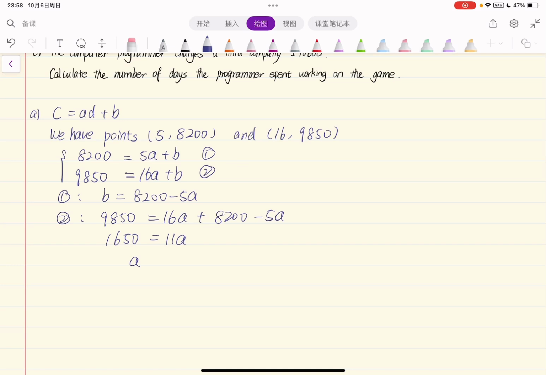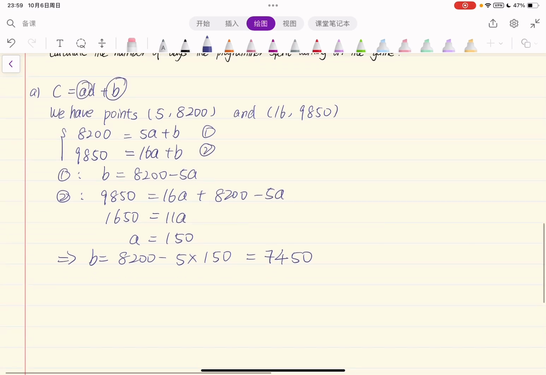So A equals 150. In this case, B equals 8,200 minus 5 times 150, which equals 7,450. Thus, we get the value of A and the value of B, so we can write that the equation is C equals 150D plus 7,450.